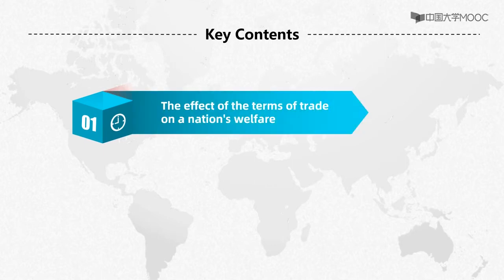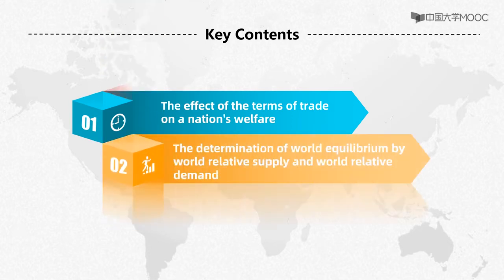In today's class, we will analyze the effect of the terms of trade on the nation's welfare. And then we will talk about how world equilibrium is determined by world relative supply and the world relative demand.